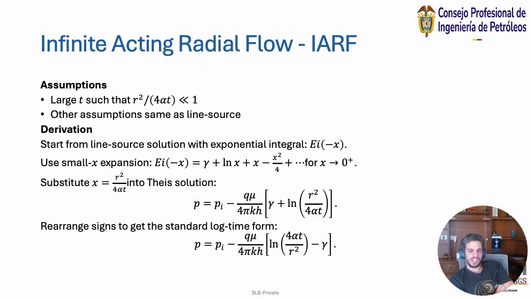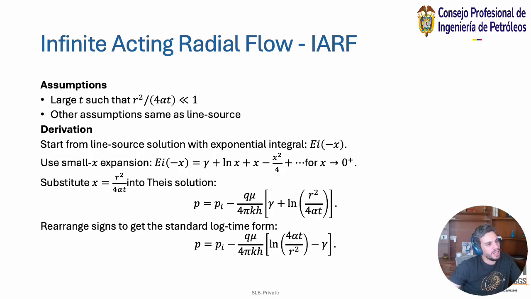So once the pressure transient has propagated sufficiently far, this exponential integral function that we saw before in the line source solution starts to behave logarithmically. Sorry. So that's why we can rewrite this equation in that sense.